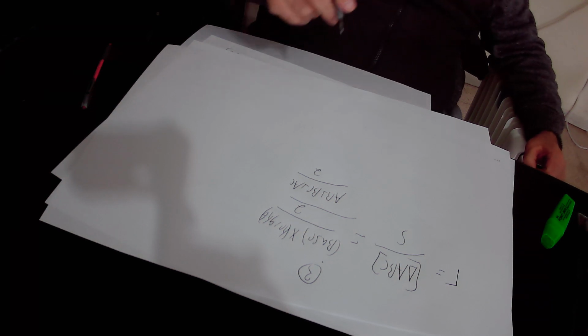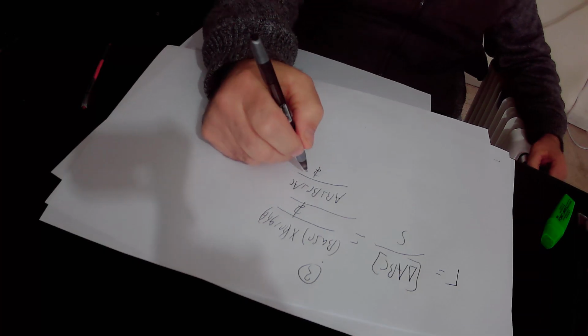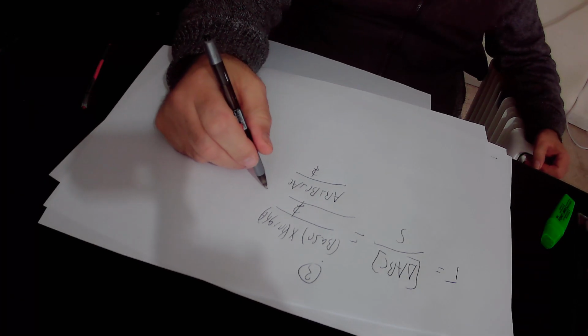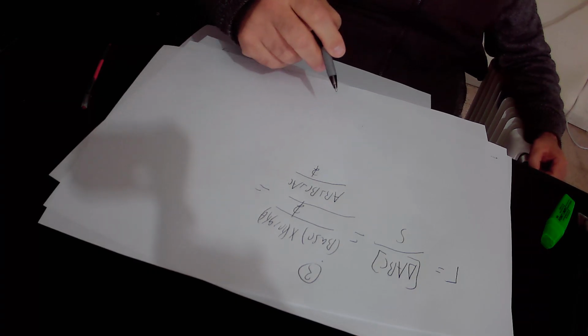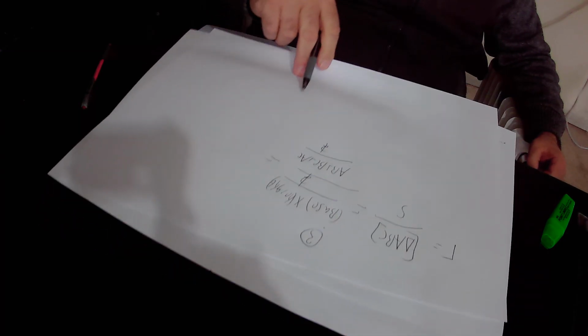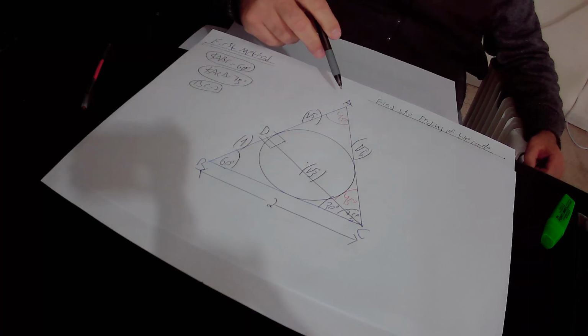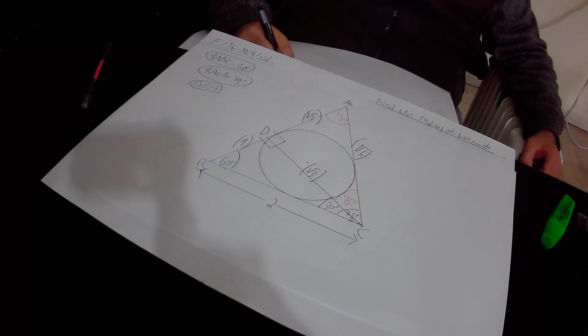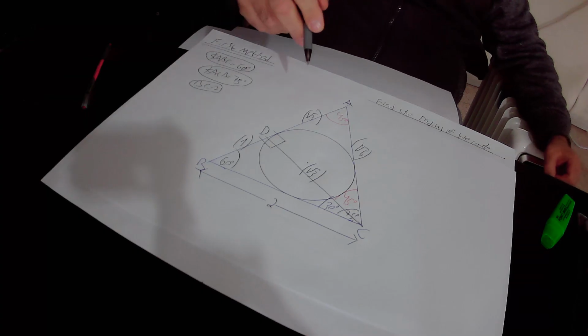So here we have 2 in the numerator and 2 in the denominator, so the 2 will get cancelled. And after we have cancelled the 2, we are left only with the base times the height over AB plus BC plus AC. We take the base of this triangle ABC, side AB, times the height to the base.